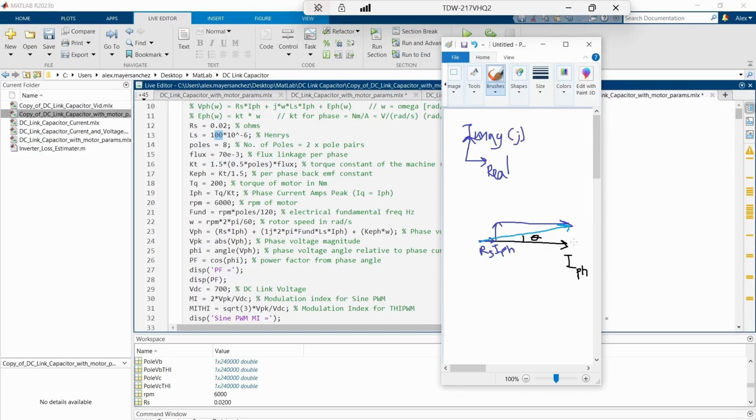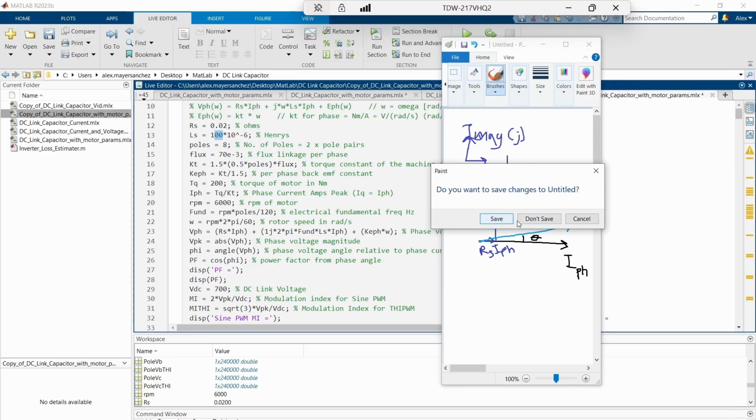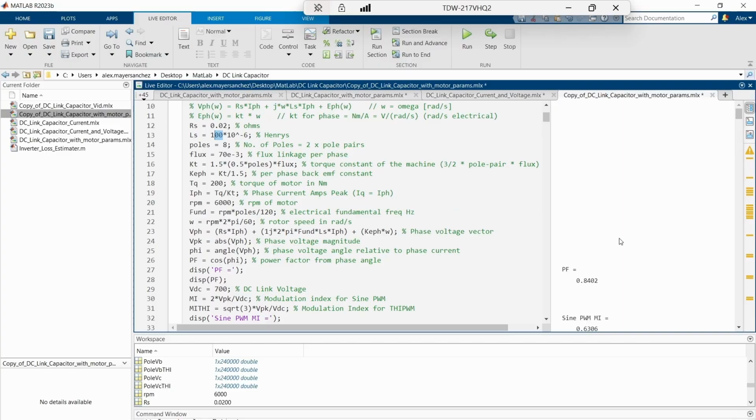And then the angle relative to the current is going to be the angle of this vector relative to the phase current. So we get phi. So then the power factor is going to be cosine of phi. Don't save. I guess maybe I should have saved. That's not even a good drawing.